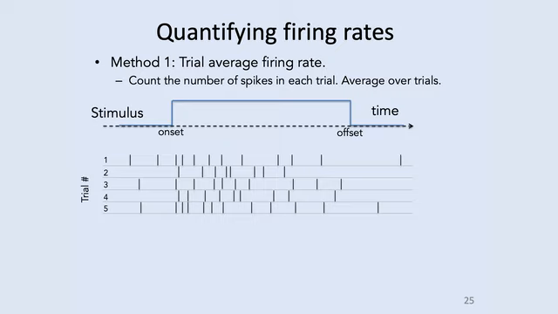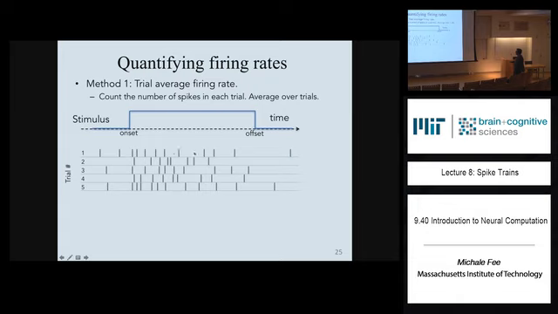So for example, let's say we have a stimulus that turns on at a particular time, stays on, and then turns off at some later time. On different trials, or different presentations of that stimulus, you can see that the spike train, the neuron spikes in a somewhat different way.